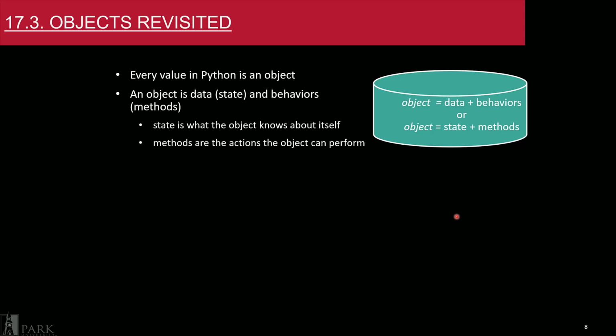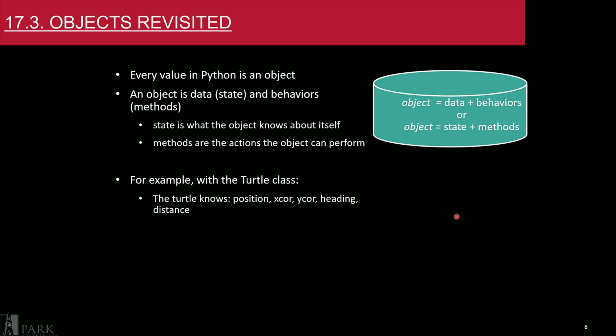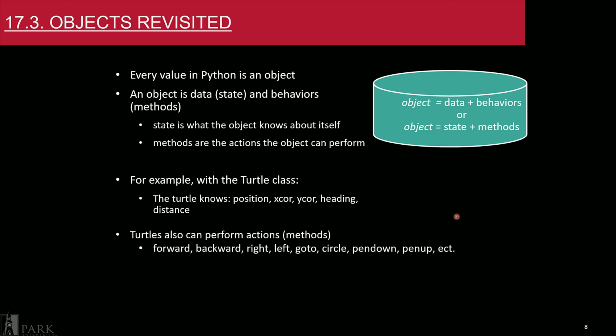Methods are the actions that an object can perform, or the behaviors. So, for example, take the turtle class. It knows its position, its x-coordinate, its y-coordinate, its heading, and the distance that it's traveled to some point. We can also perform actions on the turtle, or methods.